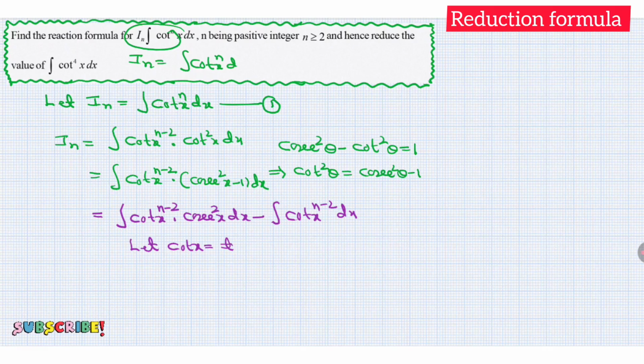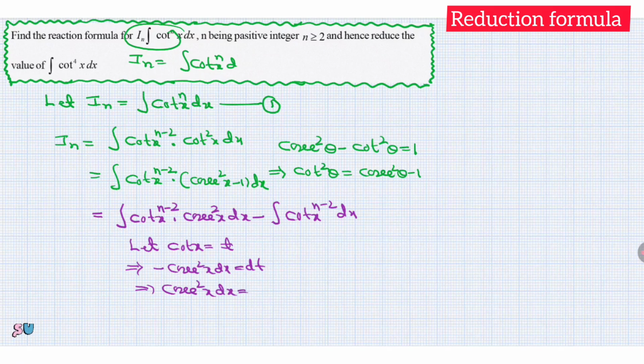Next in the first term here let cot x equal to t. Now differentiating on both sides with respect to x, then we get minus cosec square x dx equal to dt. Cot x derivative is minus cosec square x dx, so then cosec square x dx is equal to minus dt.